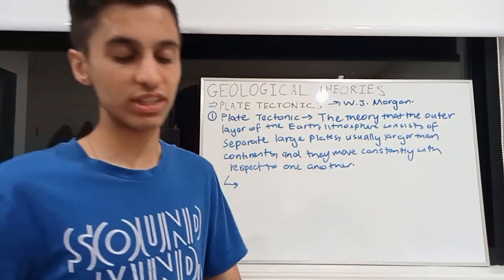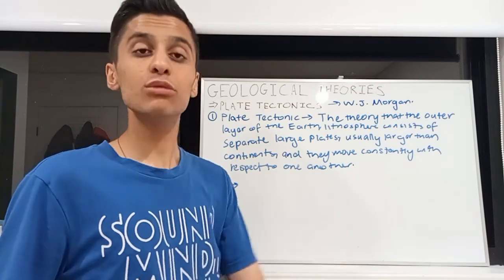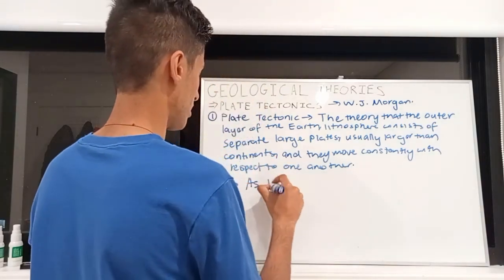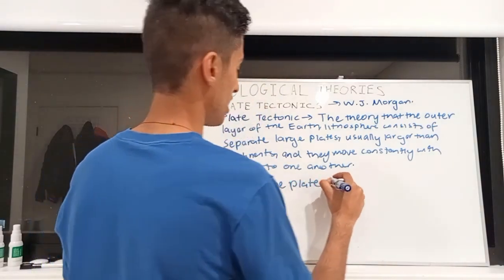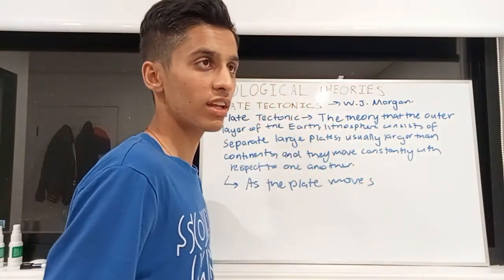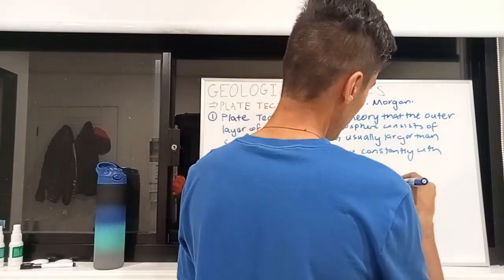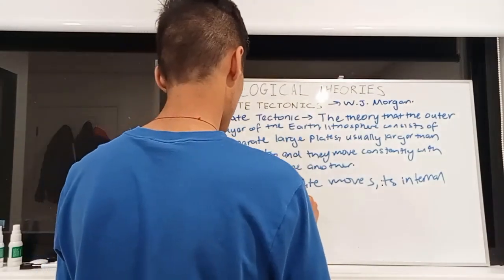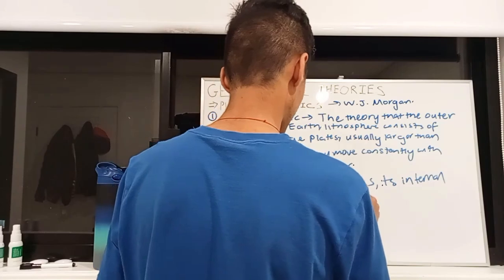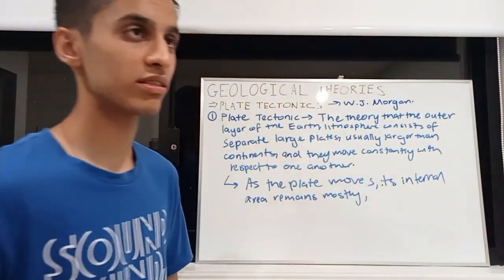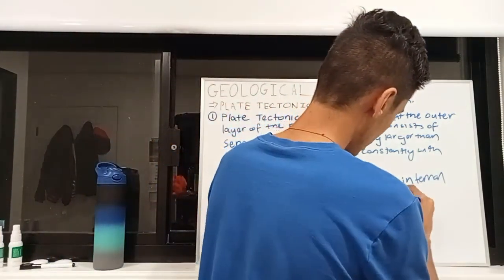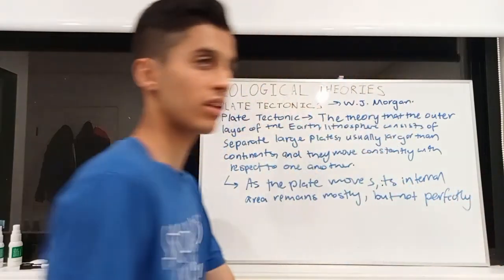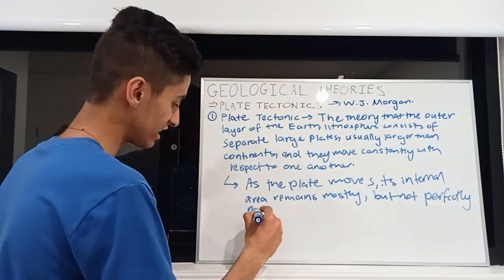Two key sub-points that we need to know: first, as a plate moves, its internal area remains mostly, but not perfectly, rigid and intact.